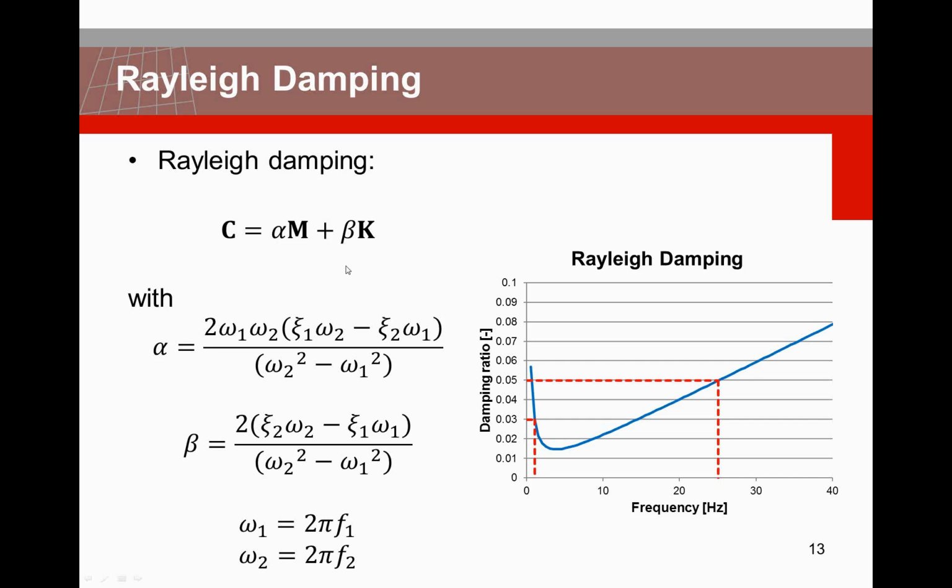These are normally related to the amount of damping you want, the damping ratios here, C1 and C2, and you have two angular velocities or frequencies where you want to set your damping. So we have, say, frequency 1 here with a damping of 3%, and another frequency, 25 Hz, with a damping of 5%.